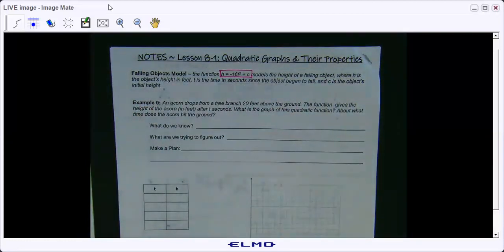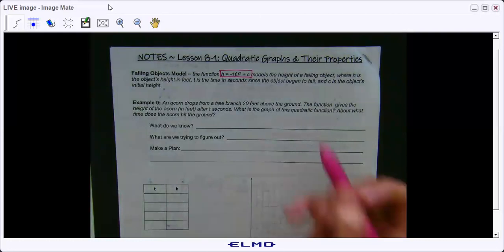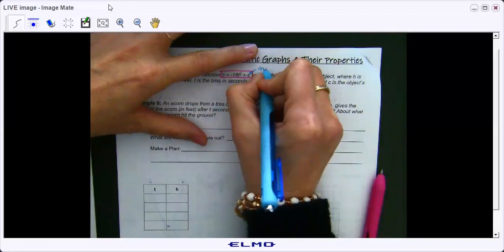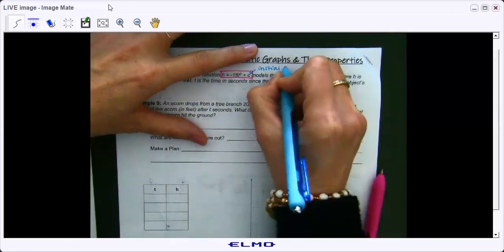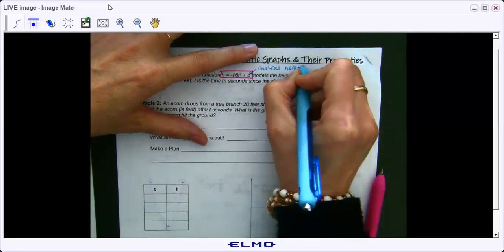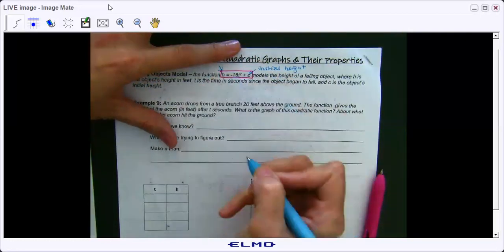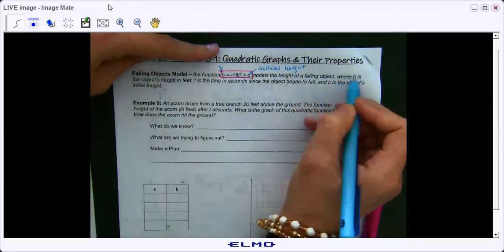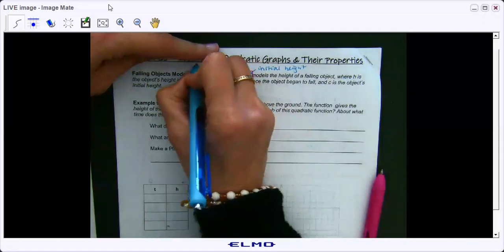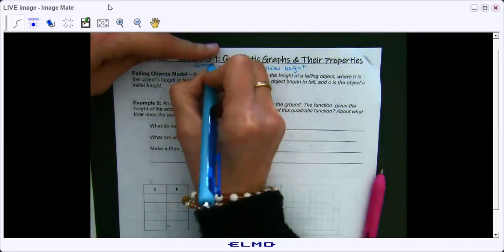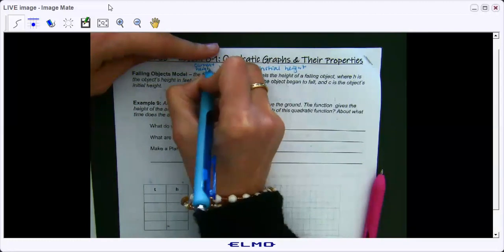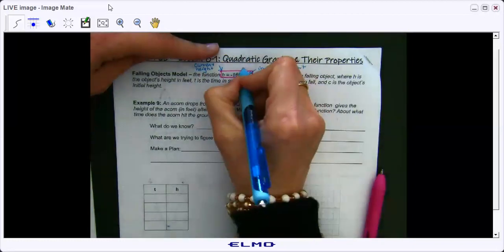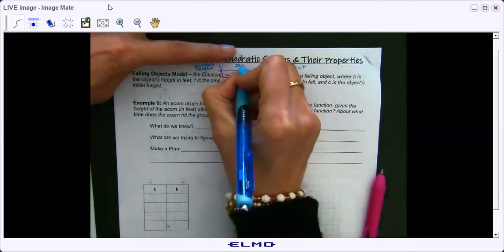And c is the object's initial height. h is the object's current height at so many seconds. So what is the height at 3 seconds? What is the height at 4 seconds, and so on? And then t is seconds.